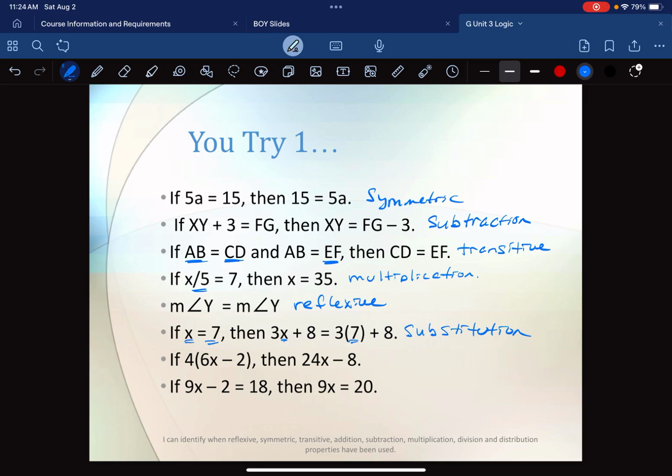When you see parentheses and then you don't, they have distributed. So distribution property. 9x minus 2 equals 18, then 9x equals 20. How'd they get rid of that minus 2 right there? It's no longer over there. It's not with the 9x. Where is it? Well, they added 2 to both sides, so this is addition.